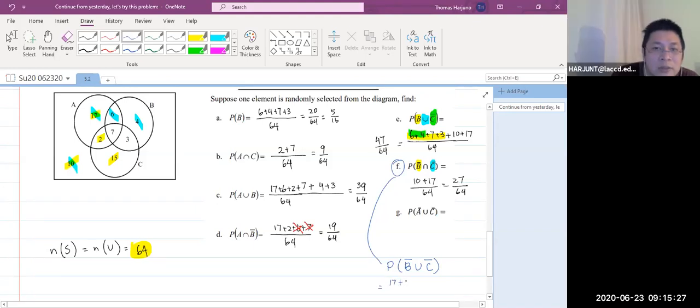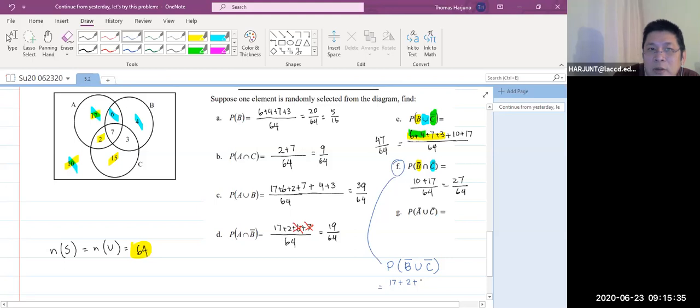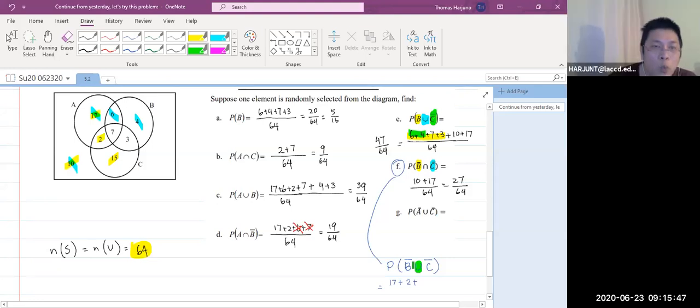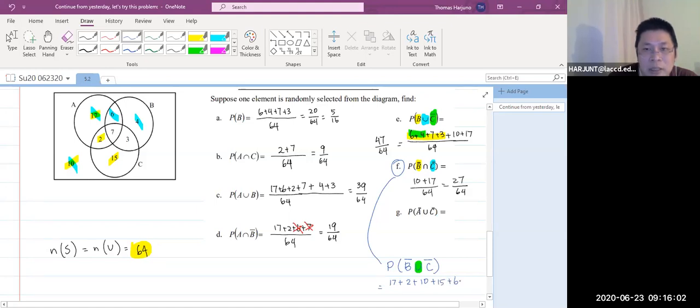What else? No, we don't get 7. It is an or, which means as long as you color it once, you count it in. So yes, that's right, 17 and 2 and 10 and 15 and 6 and 4.